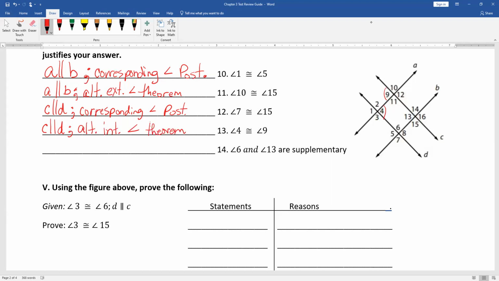All right, Abigail, number 14, angle 6 and angle 13. If I tell you that angle 6 and angle 13 are supplementary, what two lines does that prove are parallel? Yep, still C and D. So C is parallel to D. And what postulate or theorem is proving that?